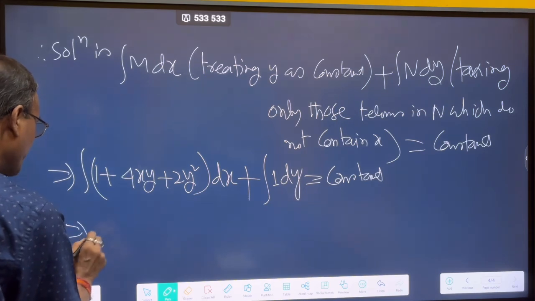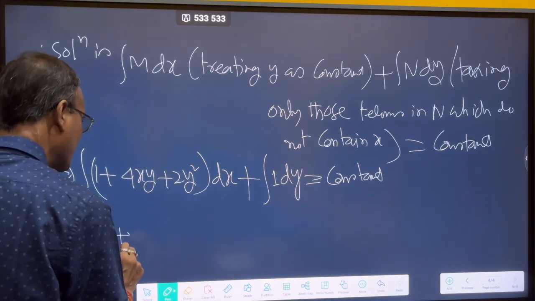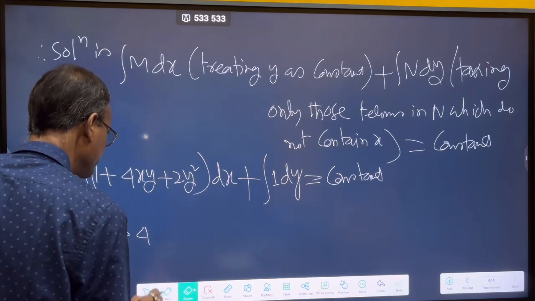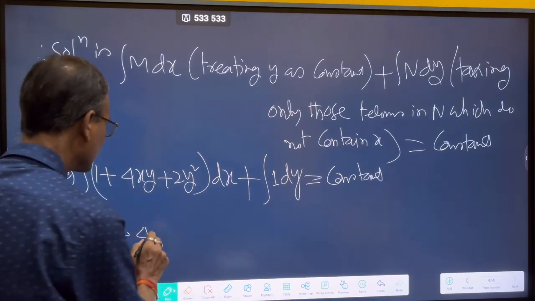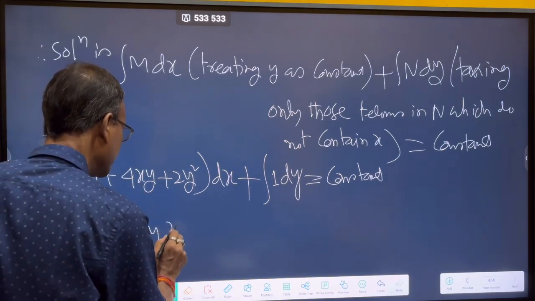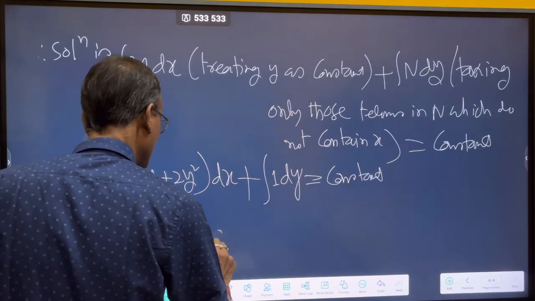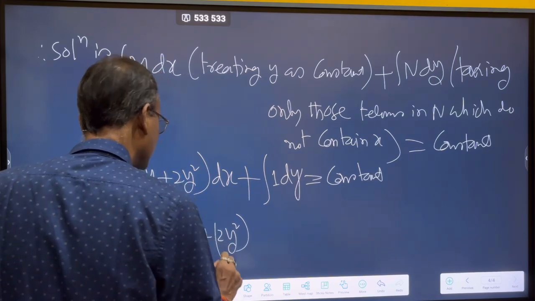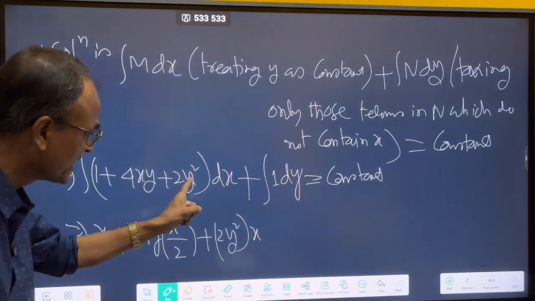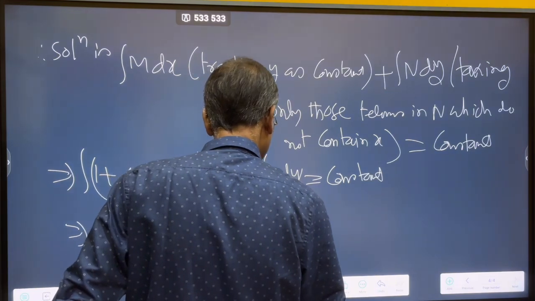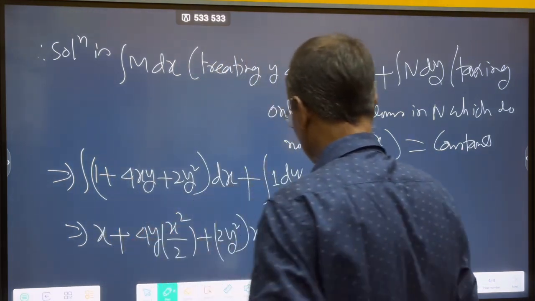This means it is x plus 4y times the integration of x, that is x square divided by 2, with y constant, plus 2y square x. Integration of 1 is y, equal to constant. Suppose c is constant.